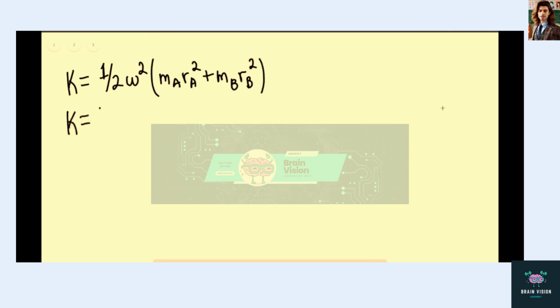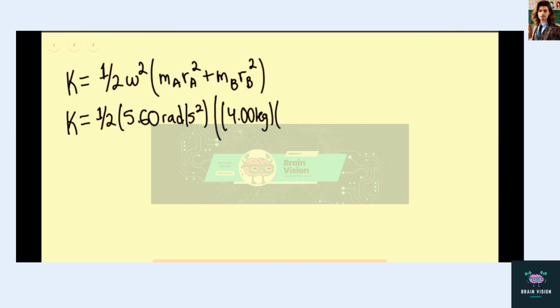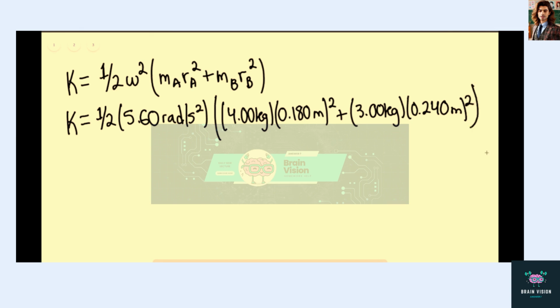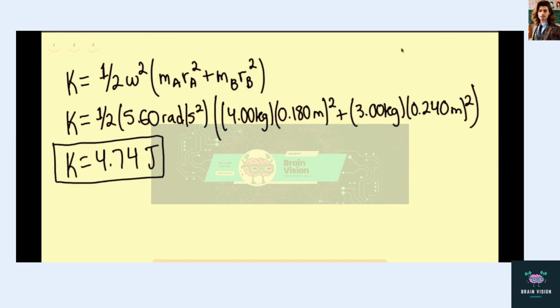Recalculating: 1/2 times 5.60 radians per second squared, multiplied by 4.00 kilograms times 0.180 meters squared, plus 3.00 kilograms times 0.240 meters quantity squared. We find that the total rotational kinetic energy would be 4.74 joules. So it hasn't changed by too much, only by about 1/10 of 1 joule.